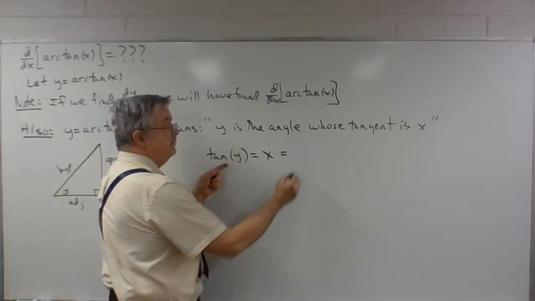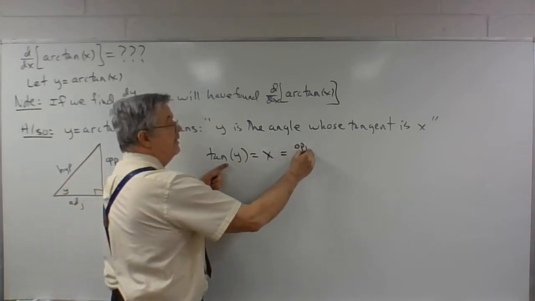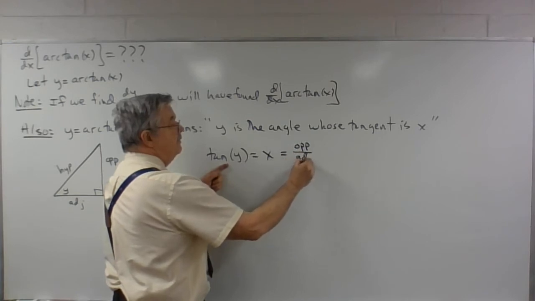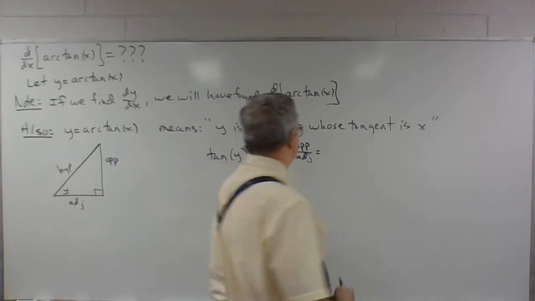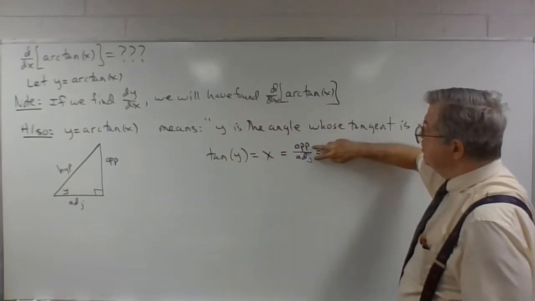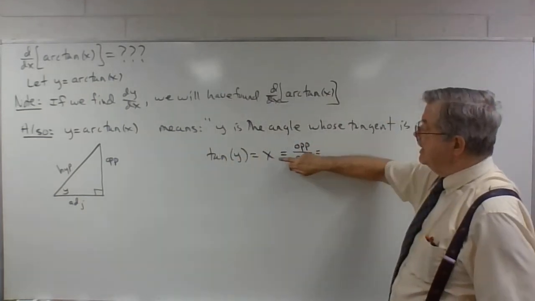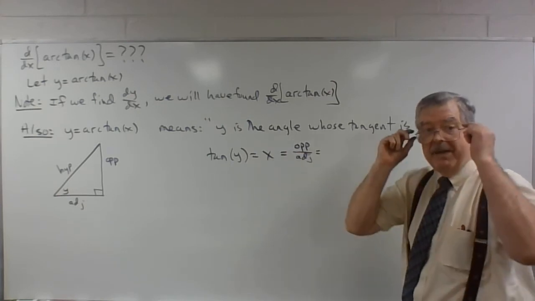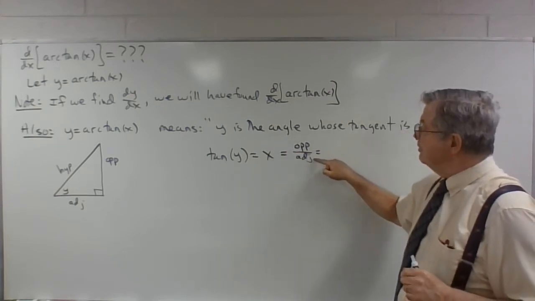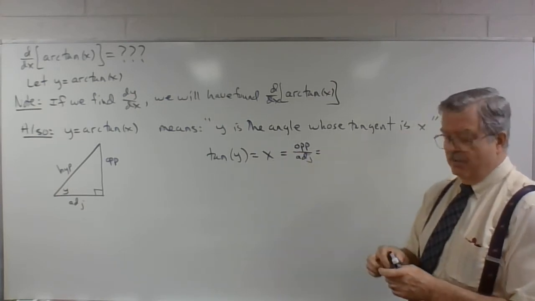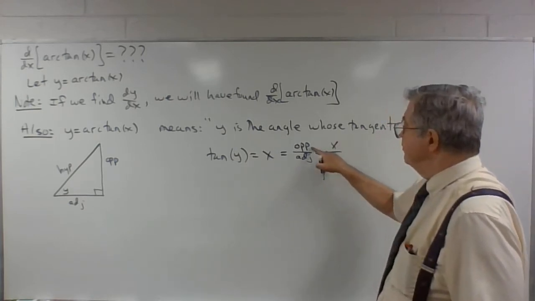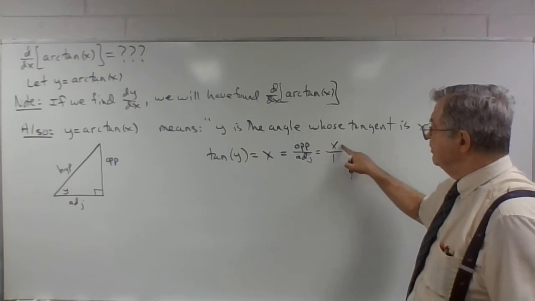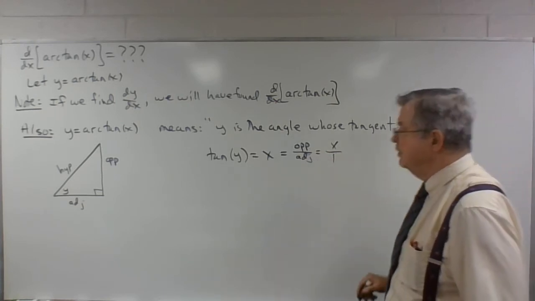And the tangent is the opposite over the adjacent. We can make the opposite over the adjacent anything that we want to make them, as long as they're in the ratio of x to 1. The easiest thing to do is to make the opposite equal to x, the adjacent equal to 1.